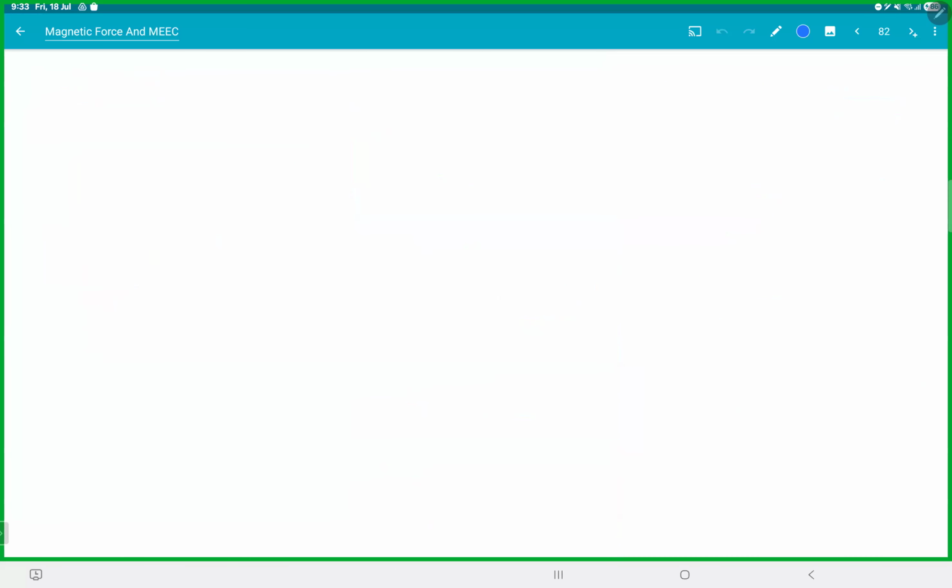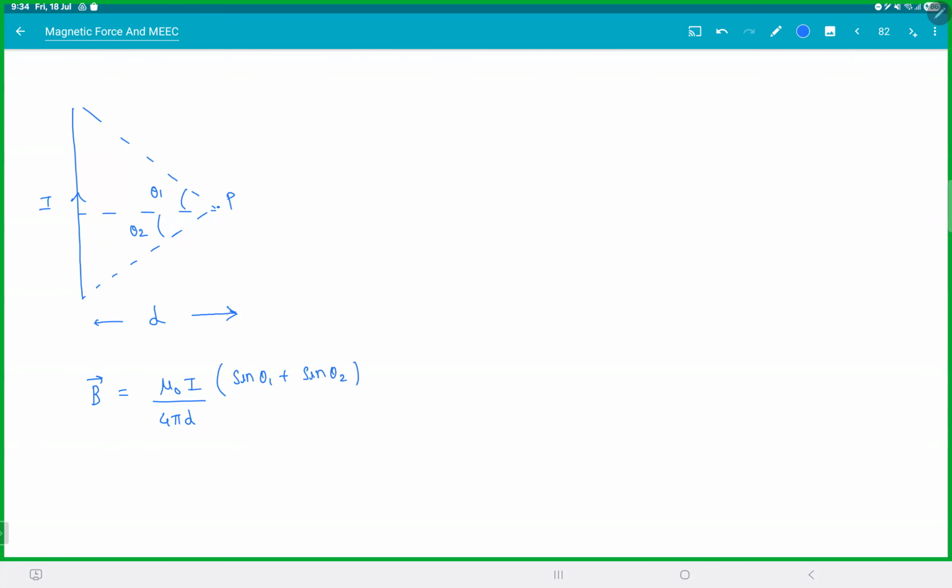Now, let me put it in a more usable form. Case 1, if you take theta 1 is equal to theta 2 is equal to 90, it becomes an infinite wire.